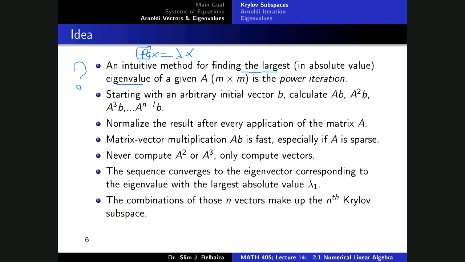So now we focus on this problem. Remember, this is our problem now: finding the largest eigenvalue for a given matrix m by n, which quite reminds us of what we've been dealing with in the solution of linear systems. We perform what we call the power iteration.